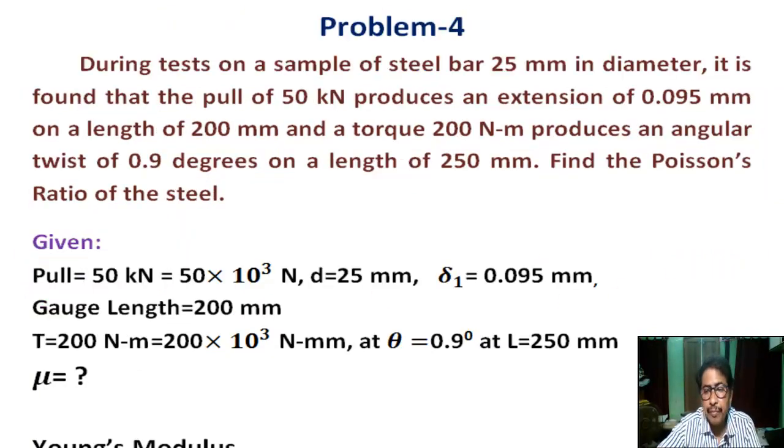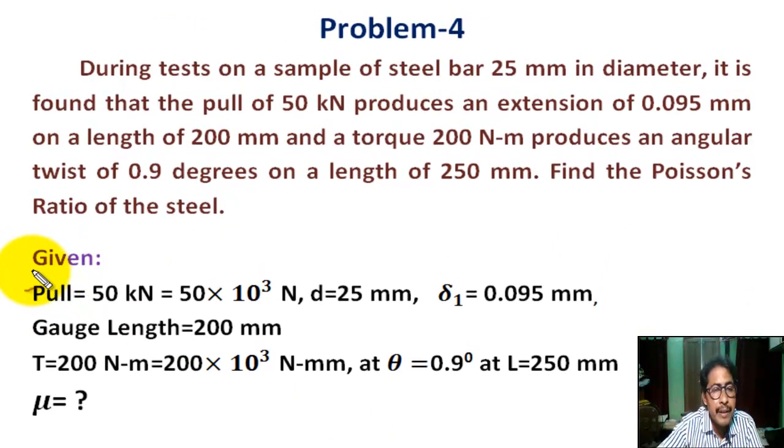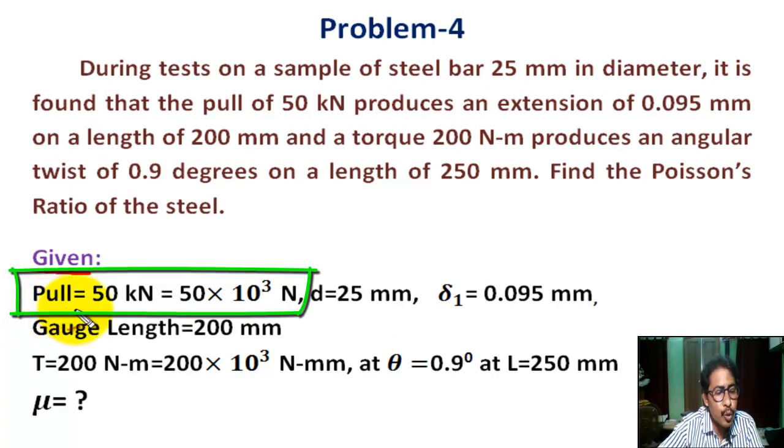Okay, in our problem, given: pull equal to 50 kilonewton. 50 kilonewton equal to 50 into 10 to the power 3 Newton.